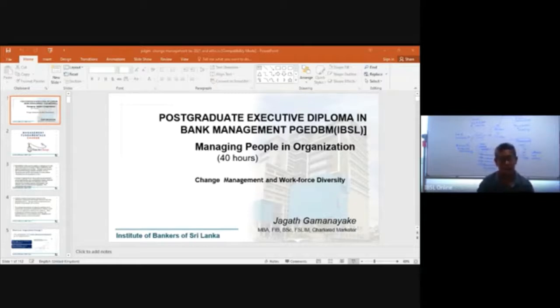High turnover rate is costly, because each time someone leaves the company, the new generation, if you are not fitting to the culture, they may tend to go out from the organization. So there may be a high turnover rate, and also absenteeism and exclusions. So these are some of the drawbacks of diversity management, the diversity workforce.